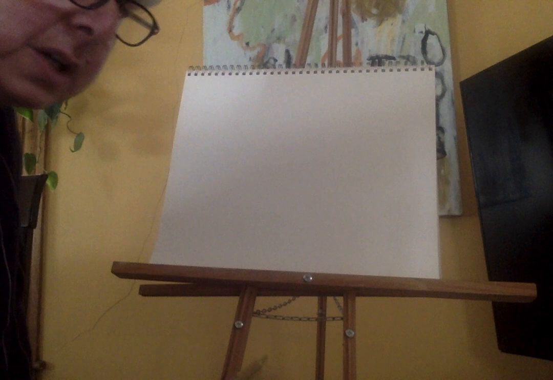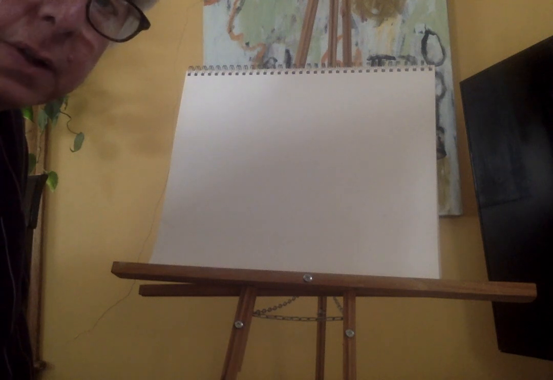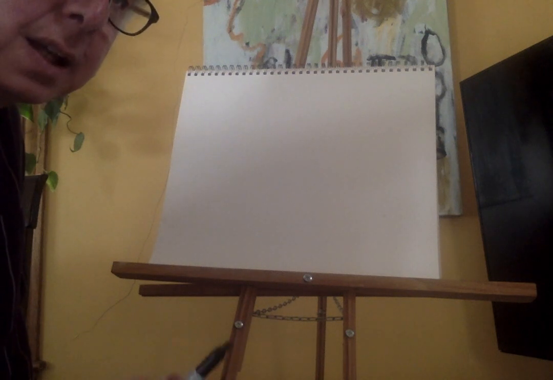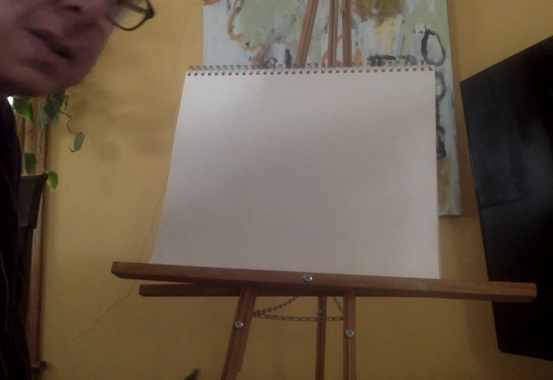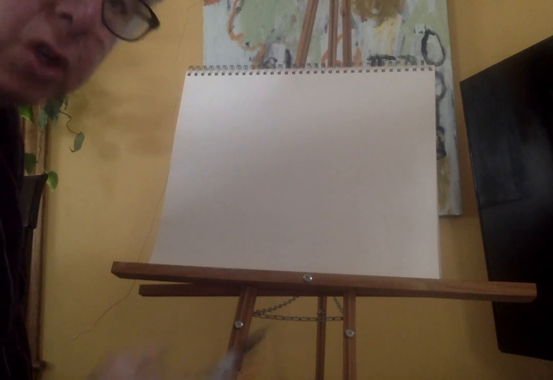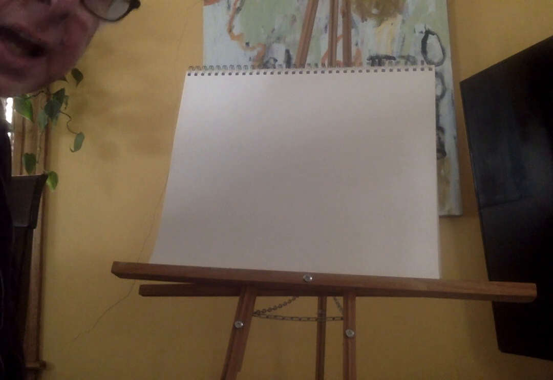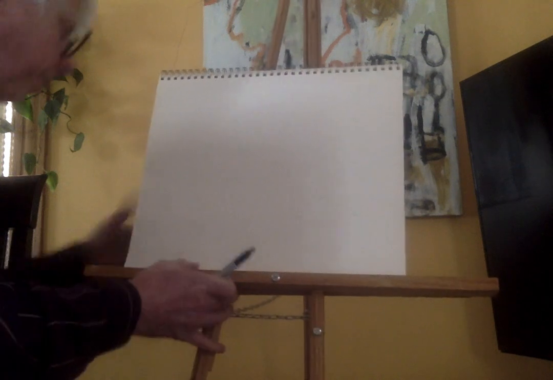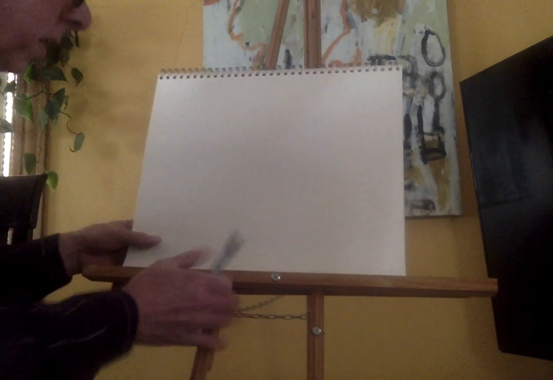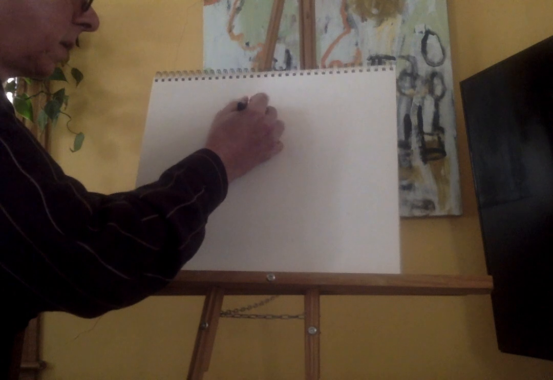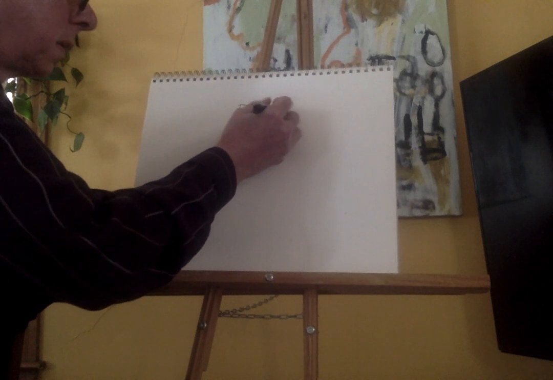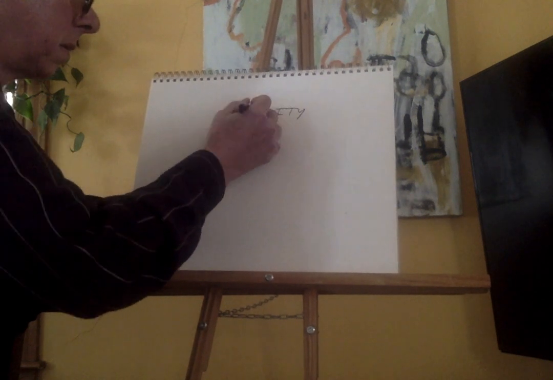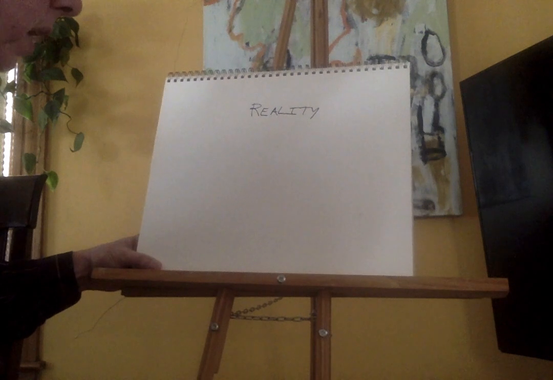But there is a reality. Okay? There is a reality that is independent of how you guess, what you're going to guess. So in this case, I'm going to put reality here, okay?